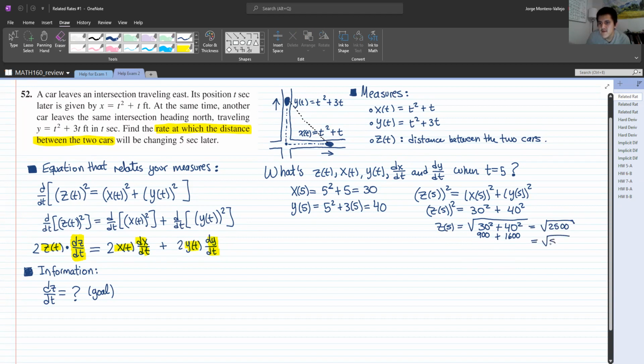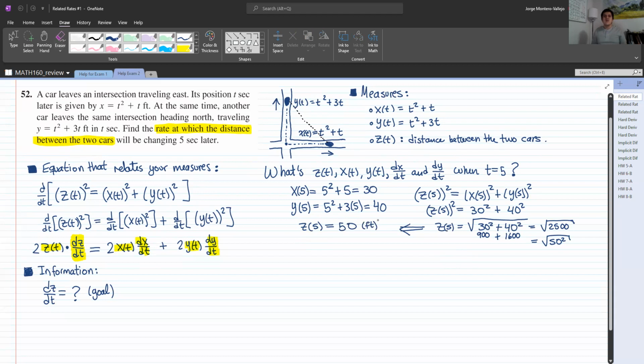So the square root of 50 squared. Well, the square root cancels out with the square. So then z of 5 is 50 feet. Let's write down the units here, in parentheses.